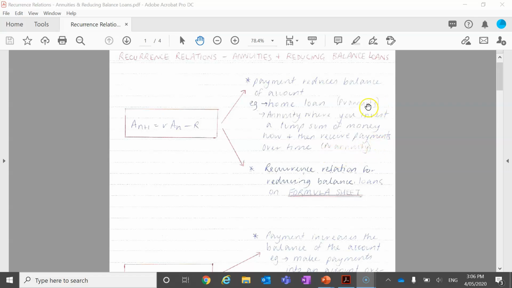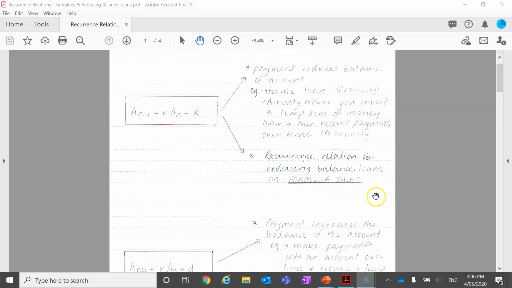You'll notice in pencil there I've written for you that both of those situations are a present value of an annuity, and we looked at that a little bit last lesson, and we will look at that in greater depth next lesson. So this rule here is written on your formula sheet as the recurrence relation for reducing balance loans, but you need to understand that it also applies to this type of annuity that we have as well.